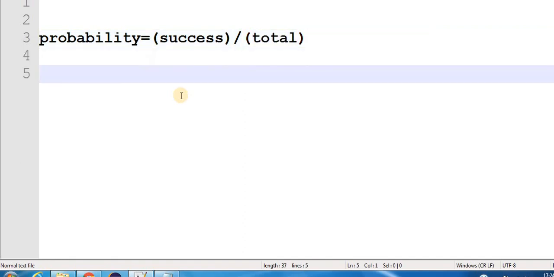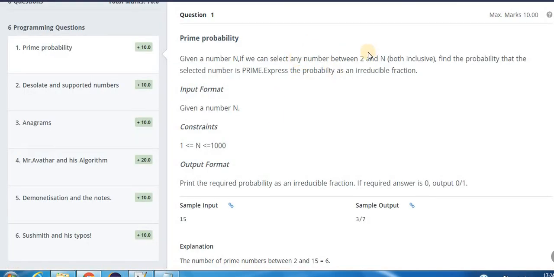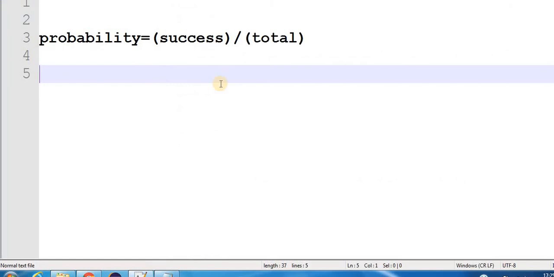So here, what is success? Success is that the selected number is prime, and the total number of events is the total number of numbers between 2 and n.